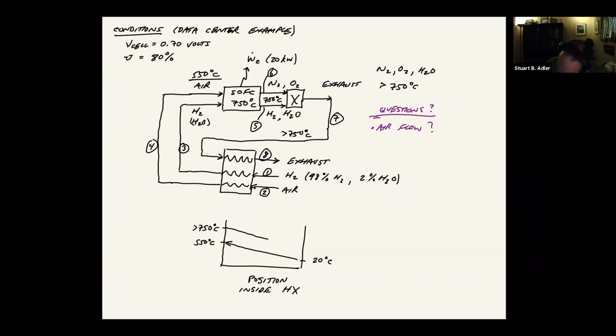So that means our exhaust has got to be cooling off, but not cooling off down to 20 degrees. Is this realistic? Is the exhaust flow going to be big enough to support this much heating? In a sense, the two streams in terms of their mass flows are identical. The exhaust coming out is equal to the stuff going in. So the nitrogen going in the air is the same nitrogen coming back out again.